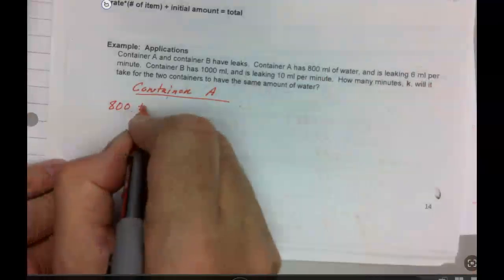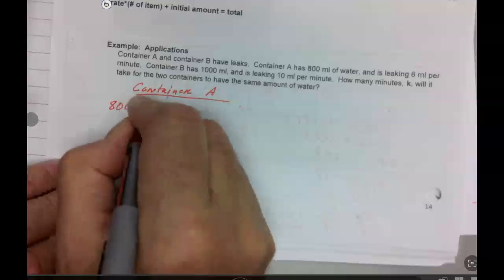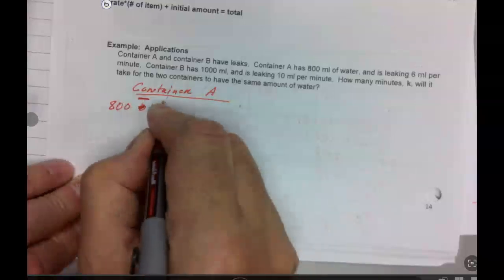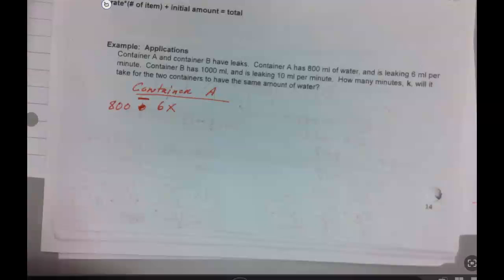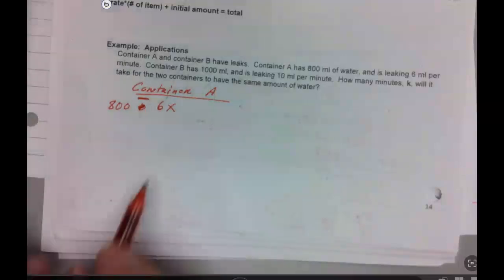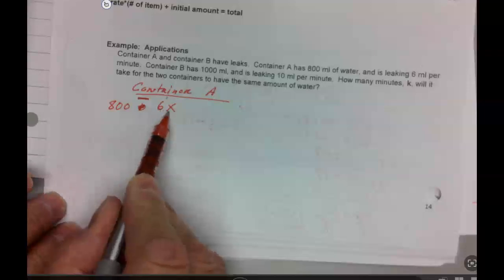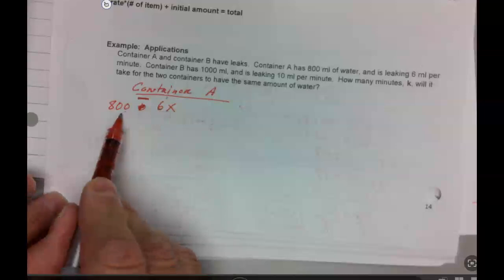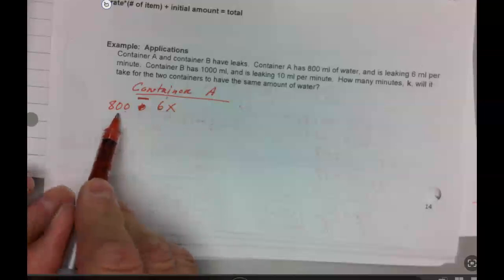So that's going to be, instead of plus, it's going to be minus 6x. X is the amount of time it's losing water. So A is losing 6 milliliters per minute, correct? So in 5 minutes, you've lost 30 milliliters, correct? Subtracted from the 800. Does that make sense?